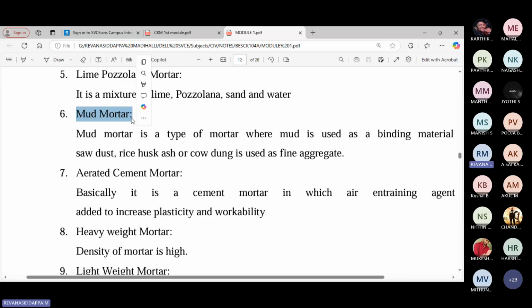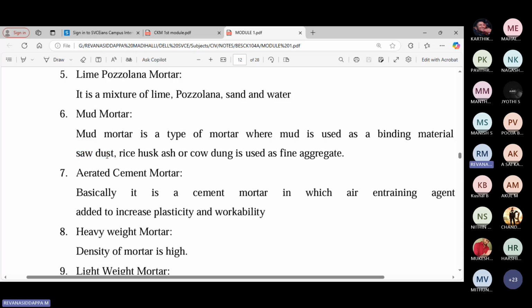What is the meaning of rice husk ash? It is the ash obtained from rice mills. Sawdust is the dust generated from a sawmill.